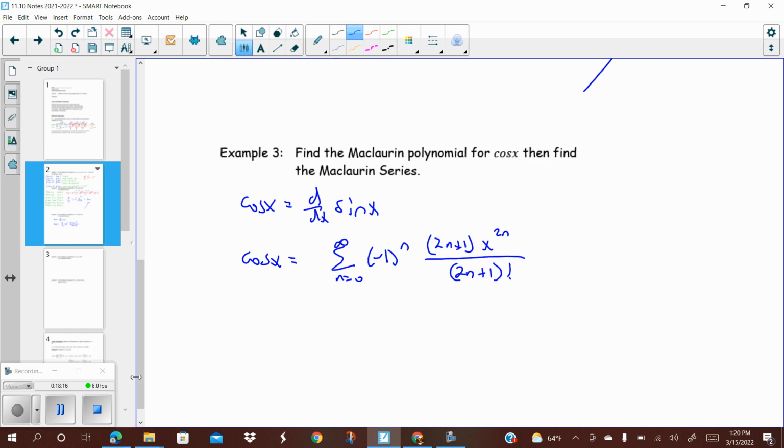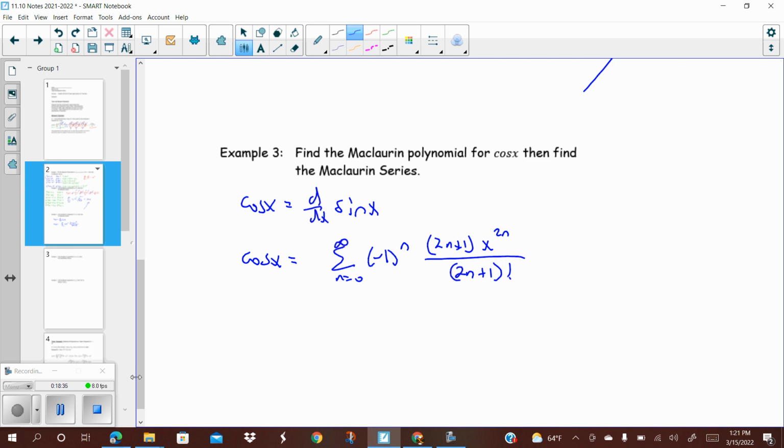However, it's going to be simplified just a little bit because if you recognize the numerator has a 2n plus 1, the denominator has a 2n plus 1 factorial. 2n plus 1 factorial by definition is 2n plus 1 times 2n and on down, so that 2n that's left over will be a 2n factorial.